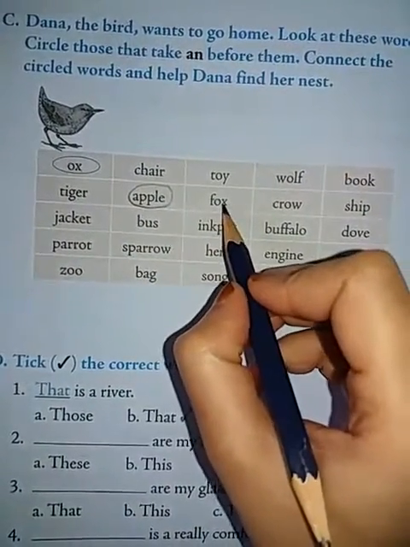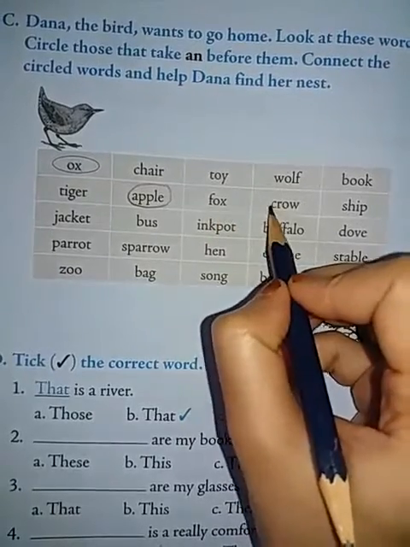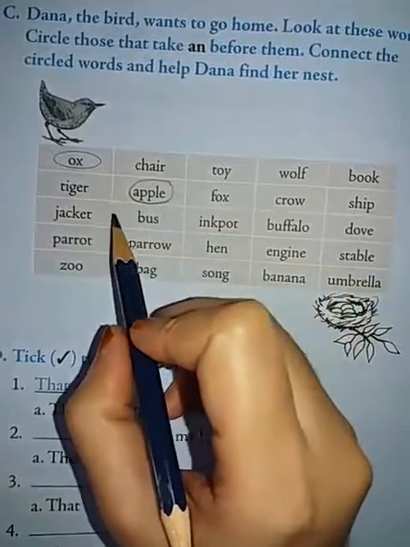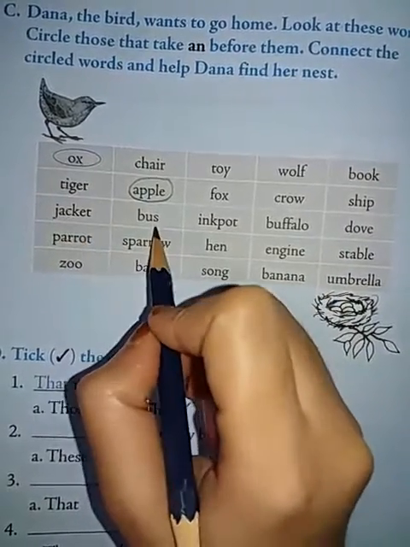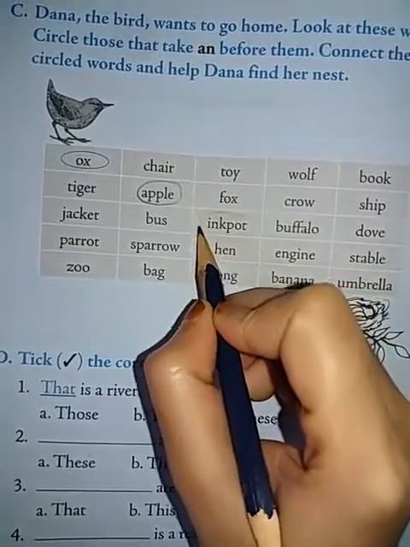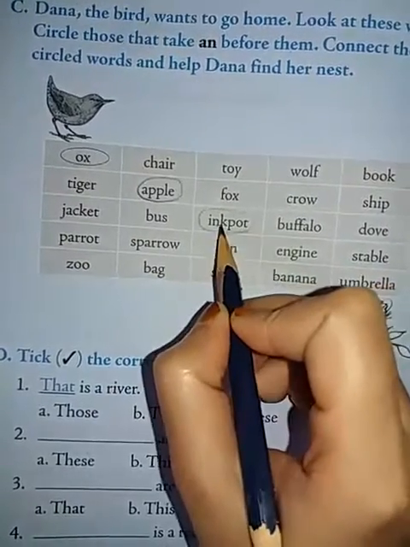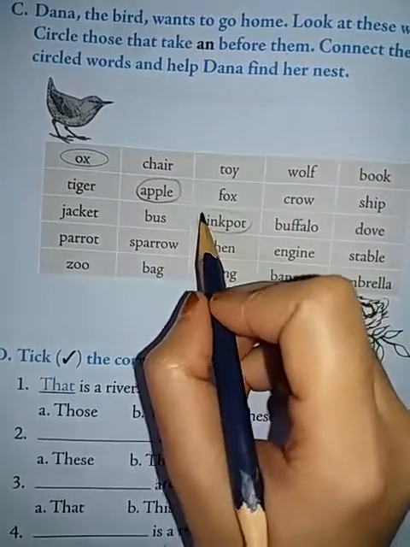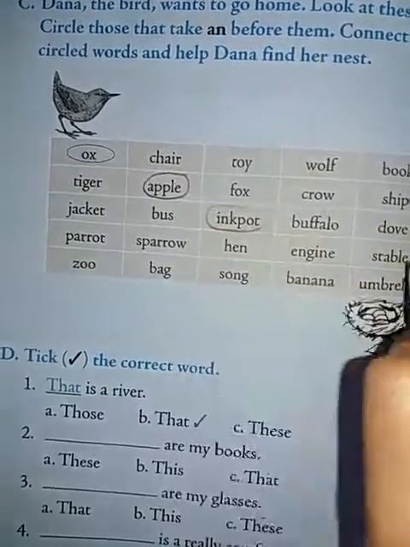Okay, very good. Next. Fox, F, C, H, S, no, these are not vowel words. Jacket, bus, inkpot. Yes, inkpot. I is a vowel letter, right? So inkpot. It makes a sound as I, and before it we will be adding an inkpot.